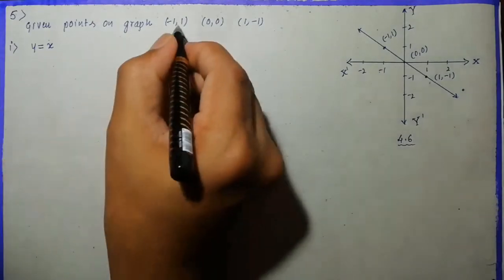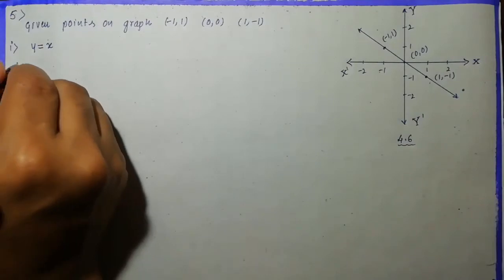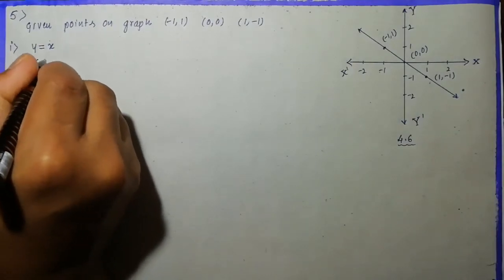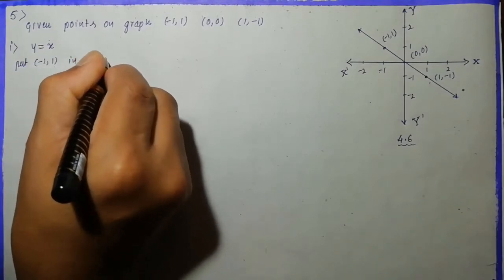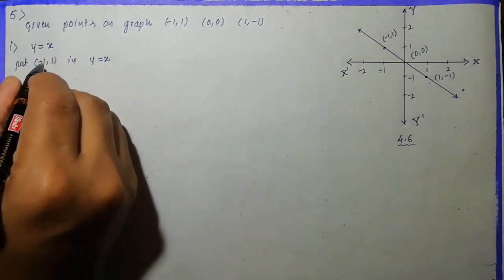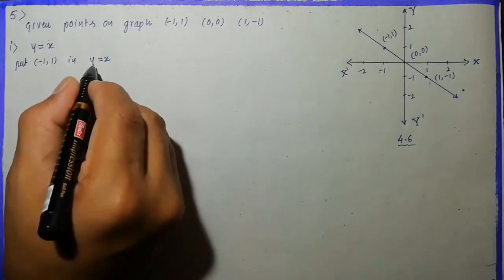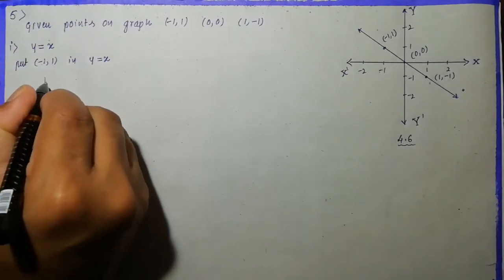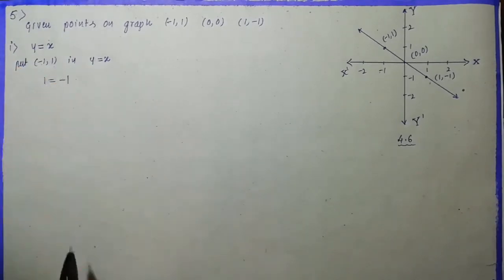Now look here, if you put minus 1 comma 1 in y is equal to x, it will become like this. Here x is equal to minus 1, y is equal to 1. Now y means put 1, is equal to x means put minus 1. 1 is equal to minus 1.